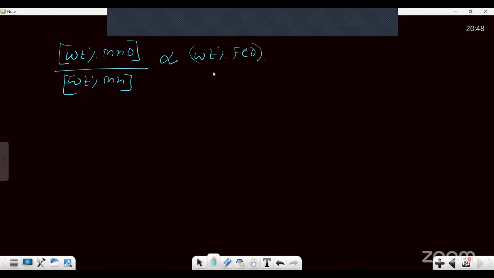So when the weight percentage of FeO in the slag is increasing, that means more and more manganese is getting into the slag. In the basic steel making process, CaO is also present, and it increases the activity of manganese in the slag, as manganese would not like to be in the slag with CaO.